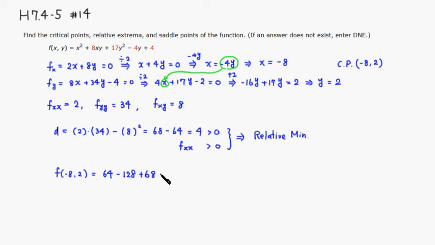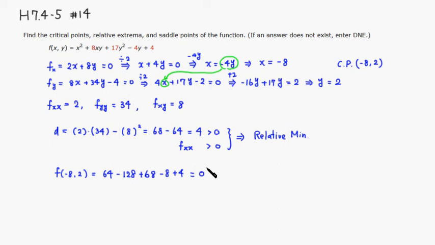And a minus, 4 times 2 would be -8, plus 4. So 64 minus 128 is -64, and you're adding 68 would be +4, and then you're subtracting 8, -4, add a 4, it's actually 0.